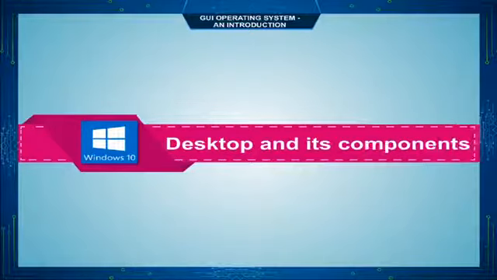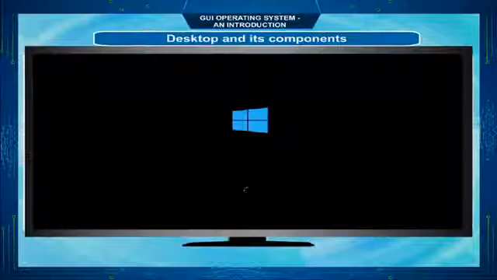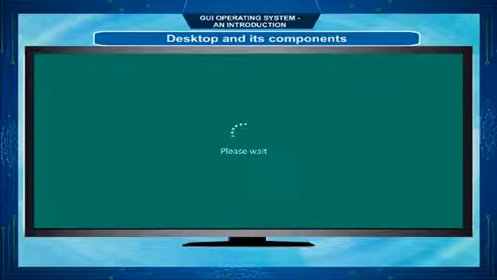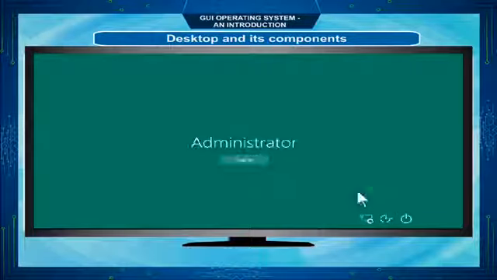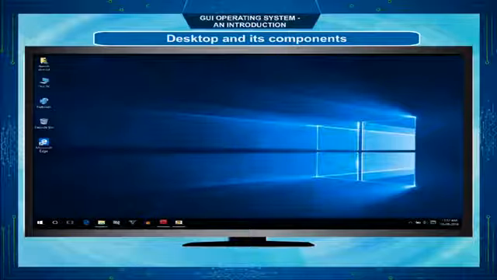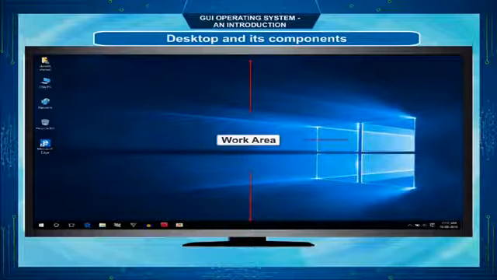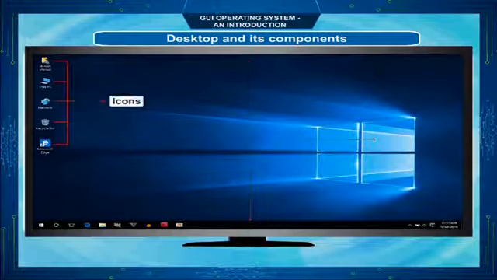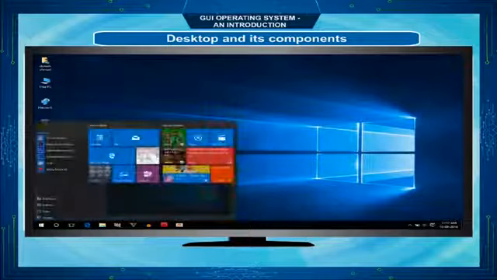Desktop and its components. When we switch on the computer, the first screen that appears after loading the Windows operating system is called the desktop screen or simply desktop. It is the work area on which objects like icons, menus, windows and dialog boxes appear.